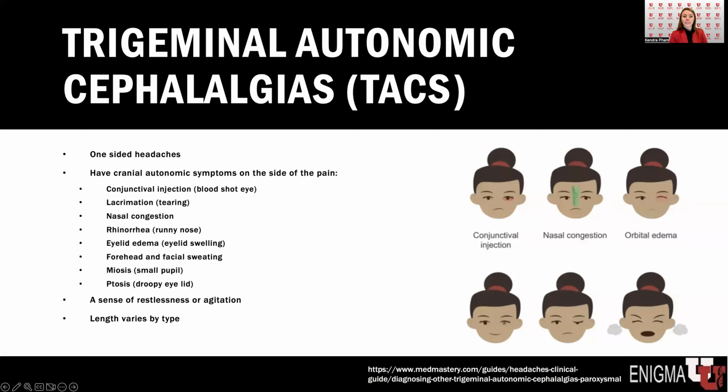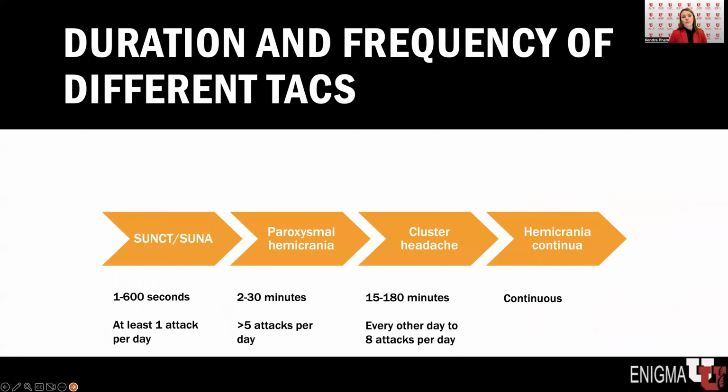And the different types vary based on their length and frequency. So the different duration and frequencies of these attacks are shown in this graphic. There's one called SUNCT and SUNA that tends to be about 1 to 600 seconds long, and there is at least one attack per day with this type of headache.